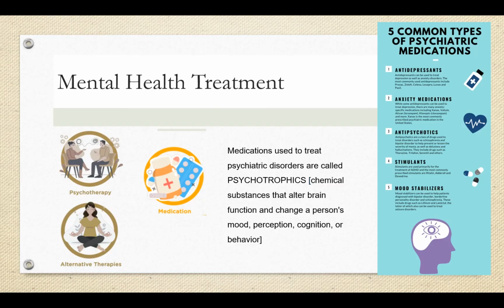Then we have antipsychotics, which are also known as neuroleptics. There is a trend away from using the term antipsychotic because of the label, toward using neuroleptics as the name of the class. These drugs are used to treat disorders with a psychotic component, such as schizophrenia, schizoaffective disorder, and perhaps bipolar with some psychosis.